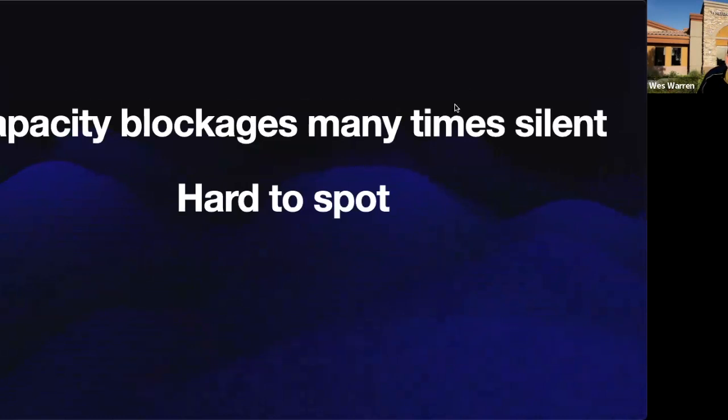The easy blockages you figure out on your own, and you're able to fix them and spot them. But as you grow and grow and grow, you get to the ones that are silent. They're not obvious, and so it stays in this position for a long time. It can be years and years and years.